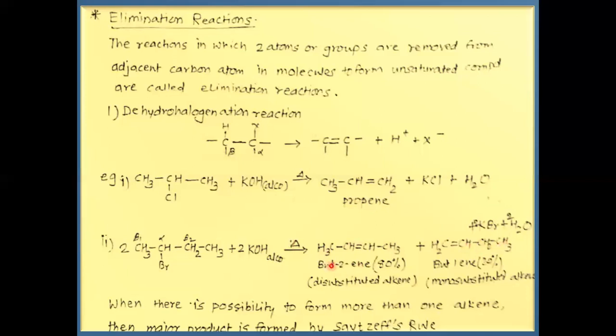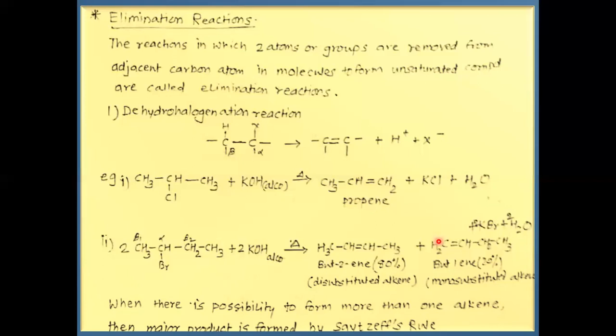Here 2-butene is the 80% major product, and 1-butene is the 20% minor product, because 2-butene is a di-substituted alkene. Both hydrogens on the double bonded carbons are replaced by two alkyl groups, CH3 and CH3.